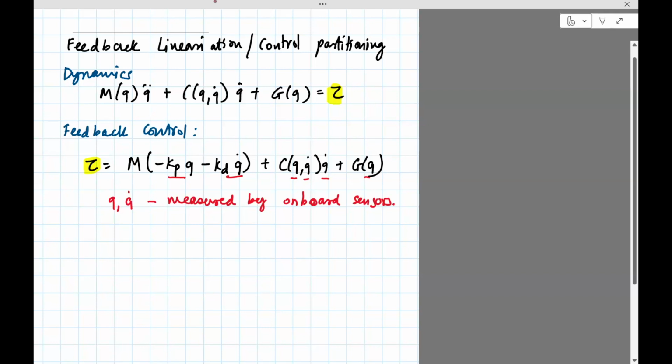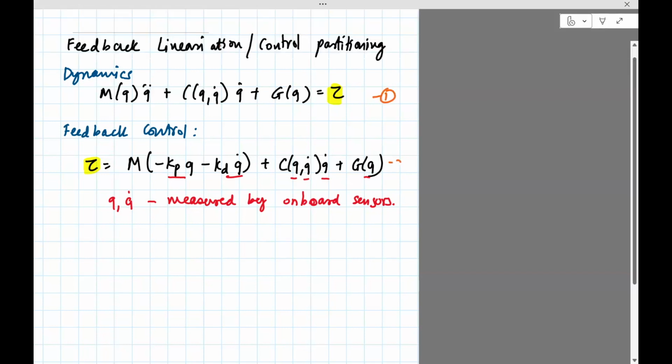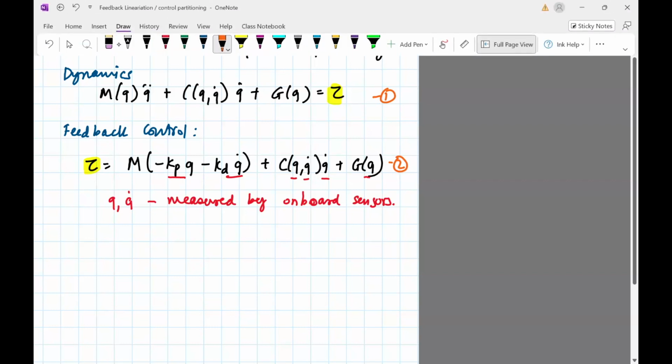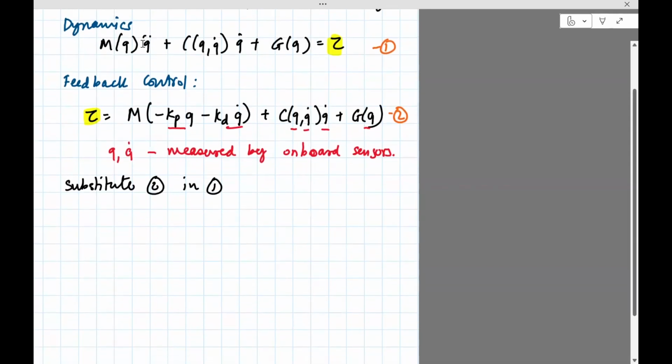If you have the measurements, you have this form, then something magical happens. Let's see what happens by substituting the second equation in the first one. So let's call this 1, let's call this 2, and let's substitute 2 in 1. So here we go.